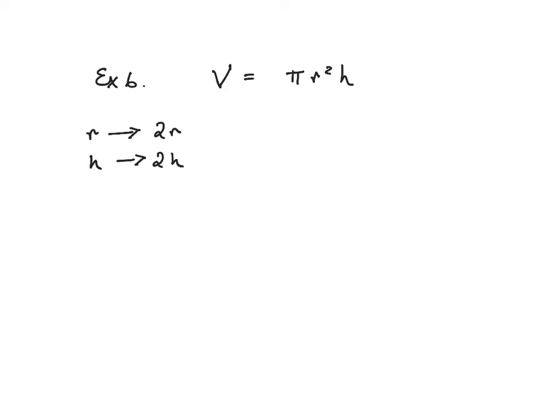Okay, so I'm going to call the new volume V star. I'm going to plug these values into the formula. So r becomes 2r and h becomes 2h.